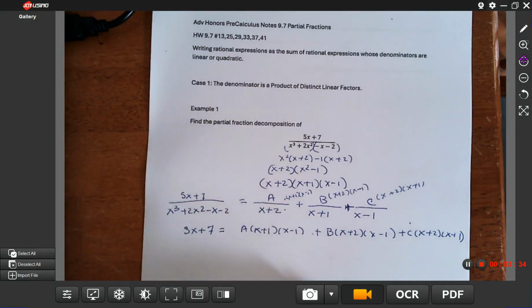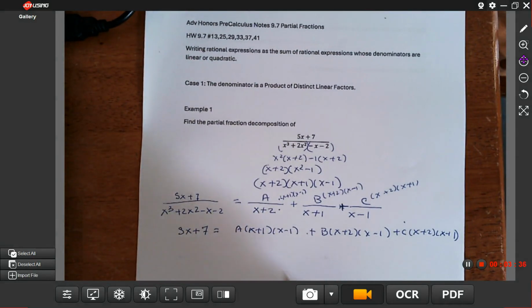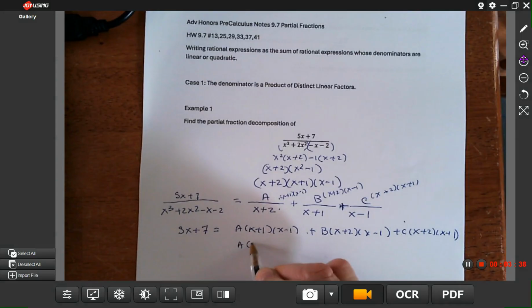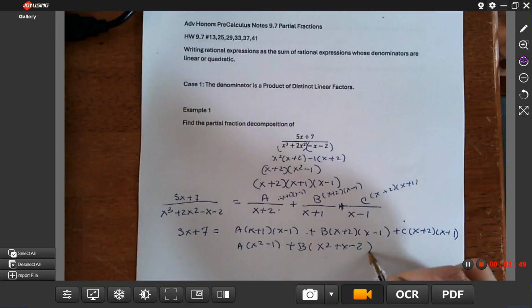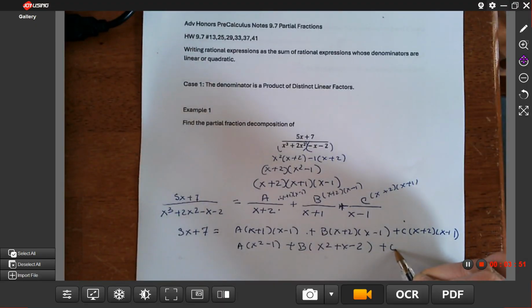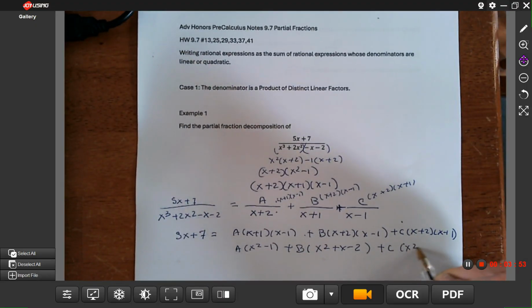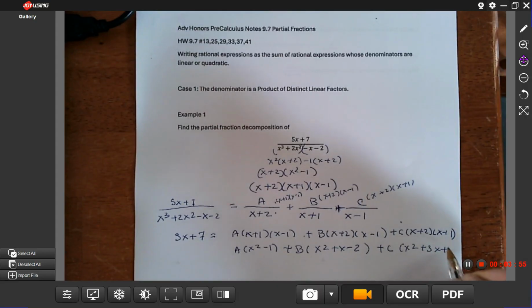So I'm just going to simplify the right hand side, and it's still equal to 5x plus 7. So these factors multiply to x squared minus 1, and these multiply to x squared plus x minus 2, and these multiply to x squared plus 3x plus 2.